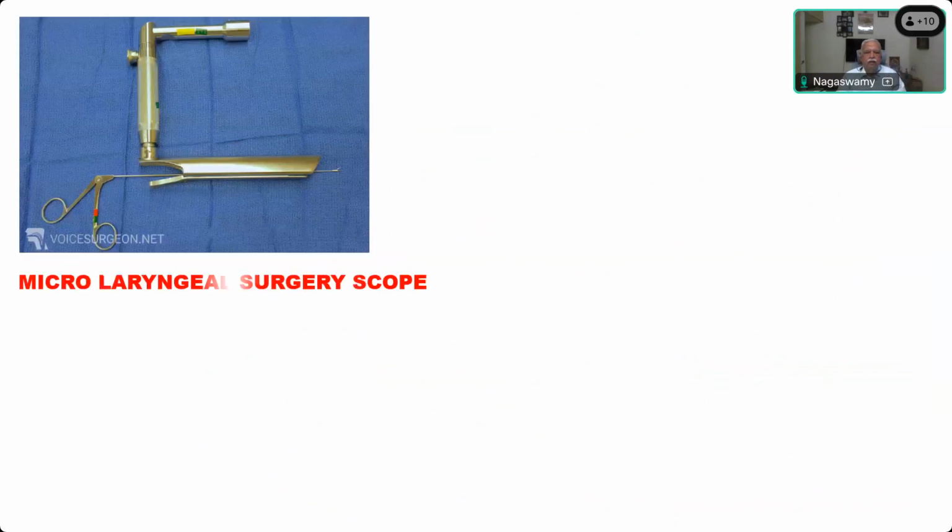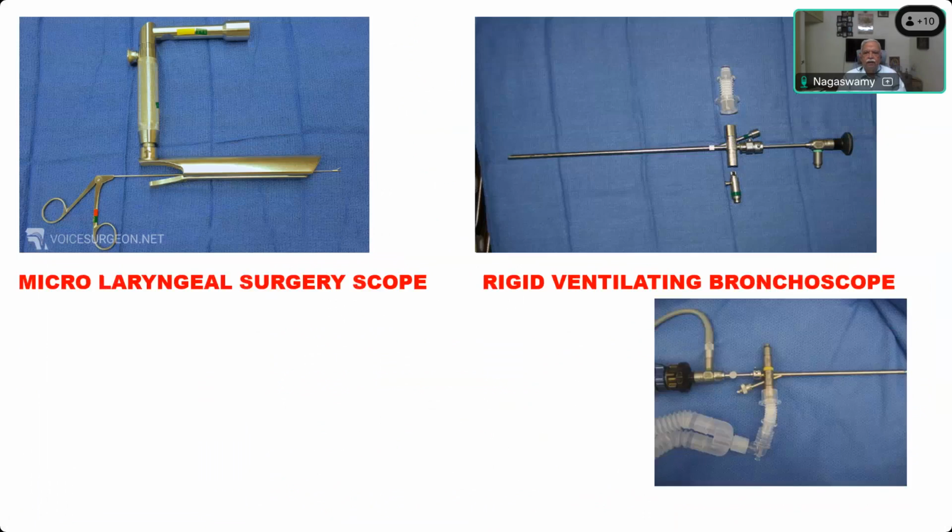So these are all various things. This I will show you. What is the bottom picture showing now? The top one is the rigid ventilating bronchoscope. Below that, I have not put the name now. What is it being shown there?